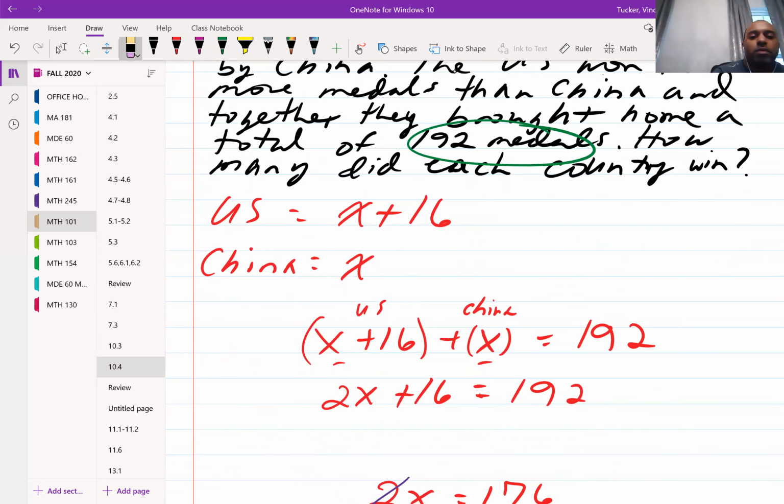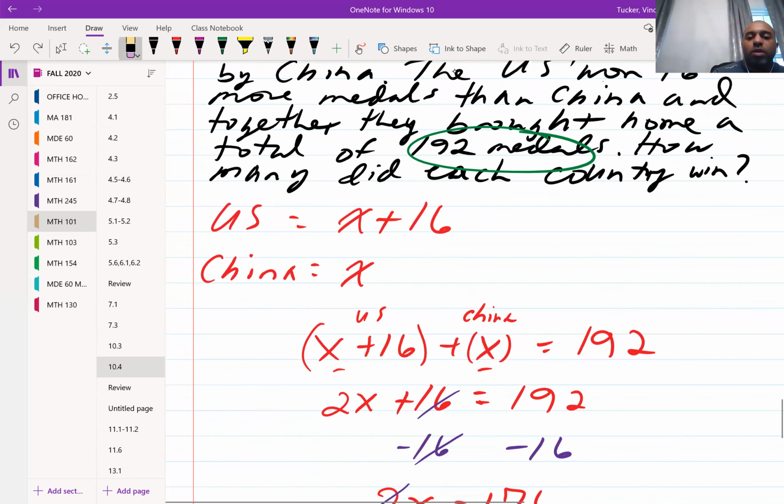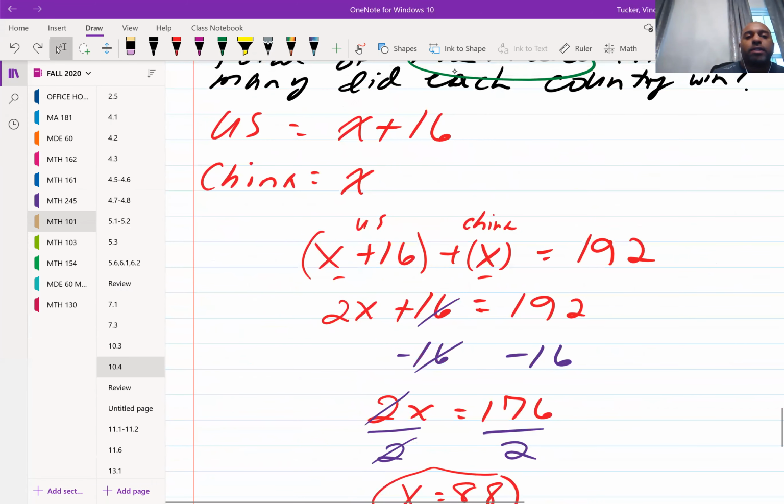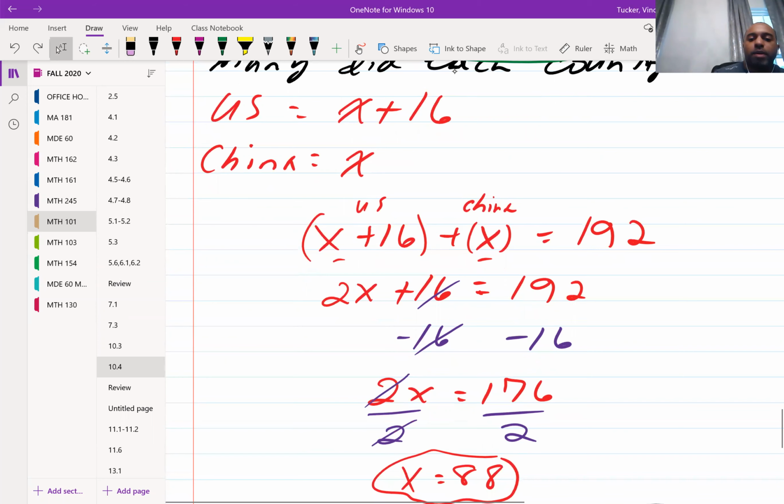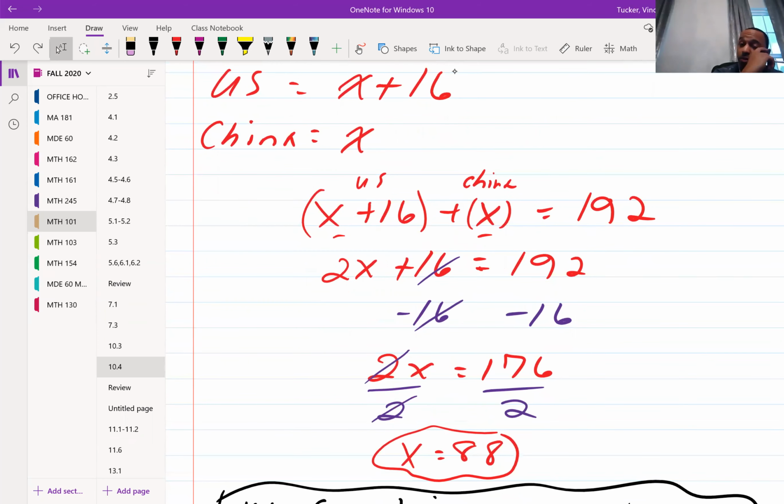From there, subtract 16, and that'll leave us with 2X equal to 176. And finish it off by dividing by 2, and X is equal to 88.